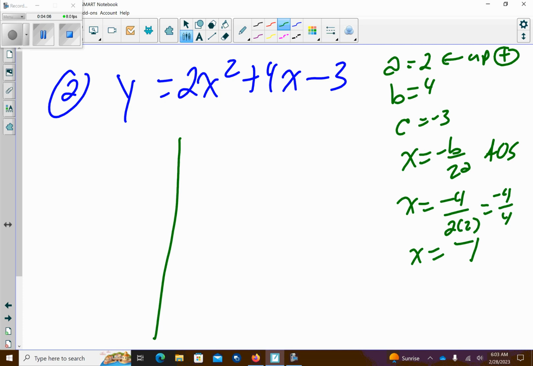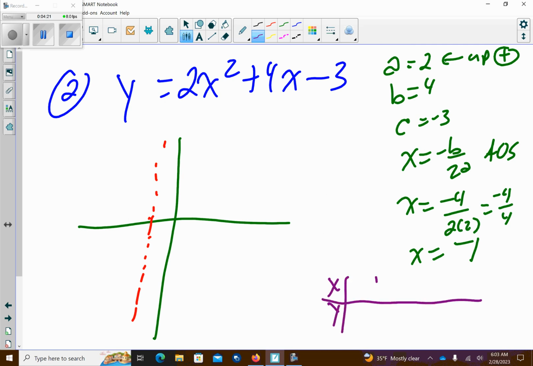So let's draw ourselves our xy axis. That's negative 1. This is my axis of symmetry. My vertex lives somewhere on that line. So I know that filling out my grid, 2, 3, 4, 5, my vertex is going to be right in the middle. So at negative 1, comma something, we'll find our other value.